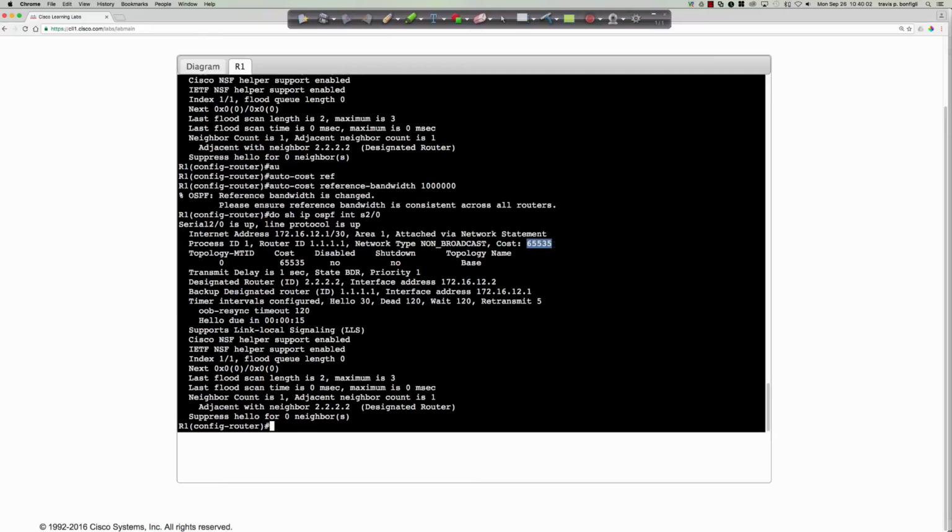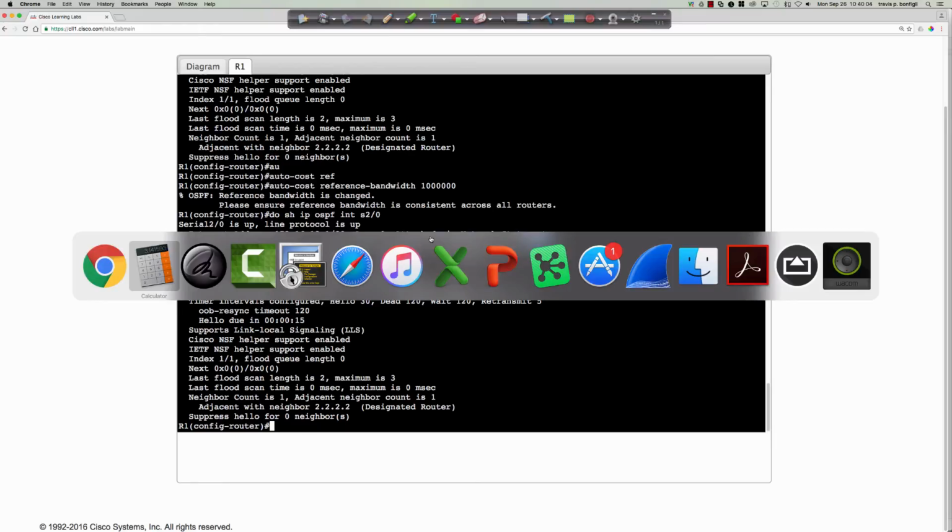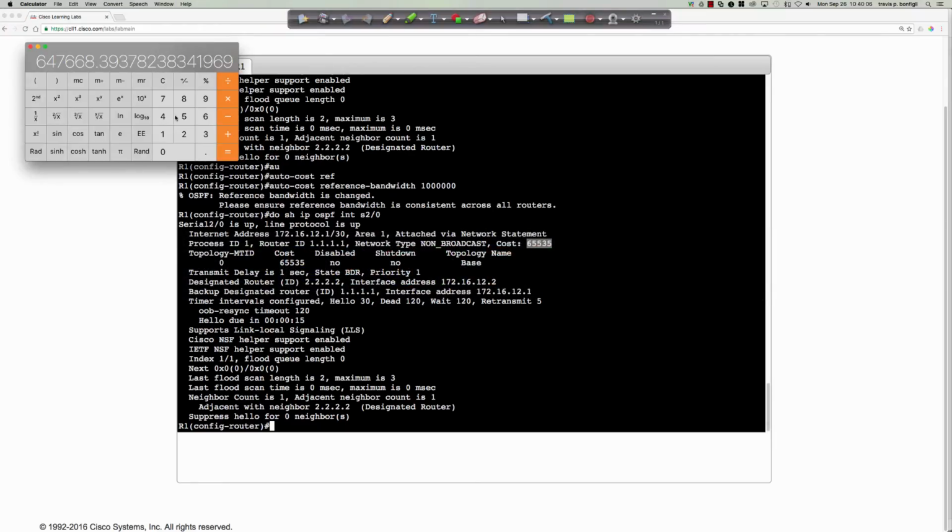And let's see, what number do we get here? So what is the maximum cost value that we can get? You can see we got 647,000, but what does it max out at? Exactly, 65,535. And so here is where we run into the issue of trying to make sure that the faster interfaces look different from each other.